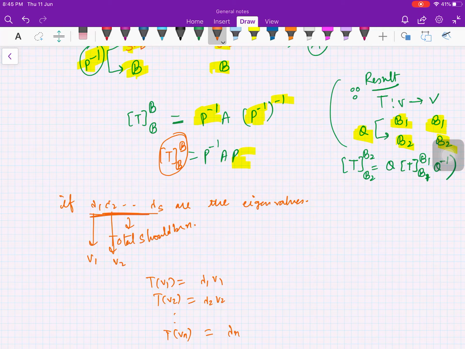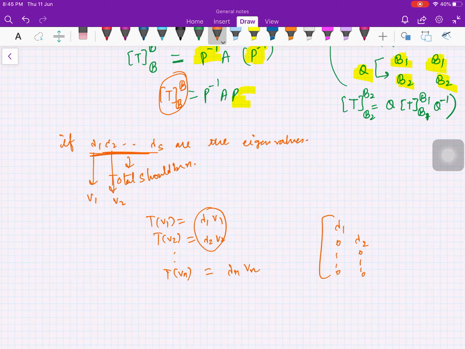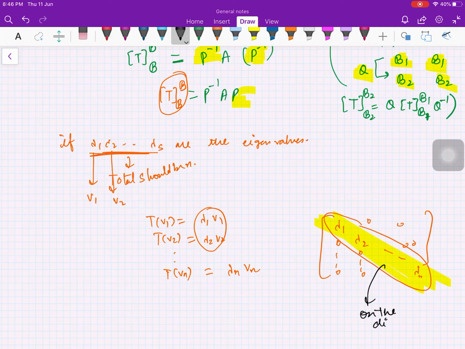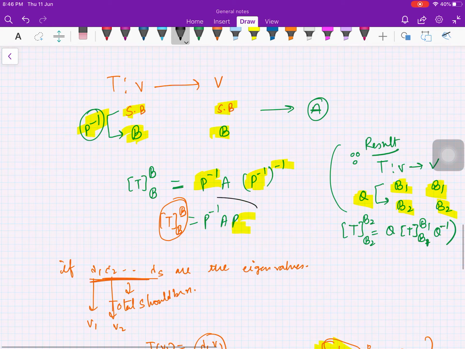I am assuming that there are n eigenvalues, and some of them may repeat. Then the matrix representation will be lambda 1 0 0, 0 lambda 2 0, 0 0 lambda n. So on the diagonal you will get eigenvalues. This thing is important, you should note it.